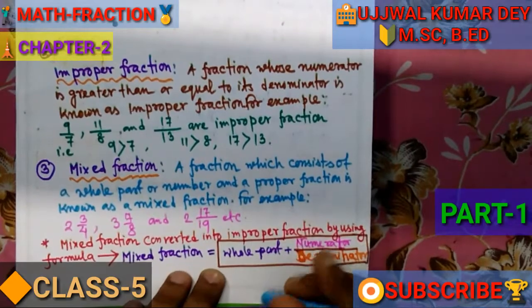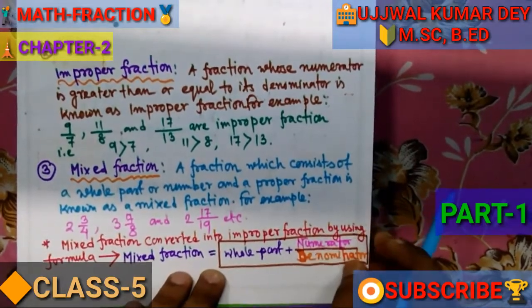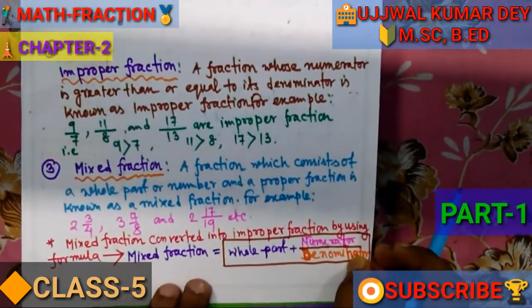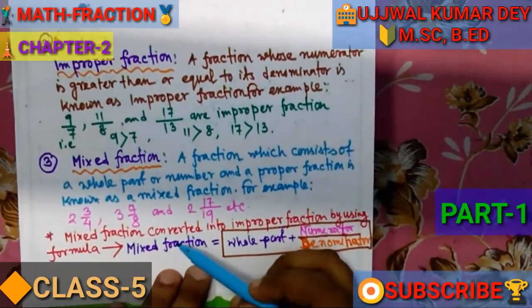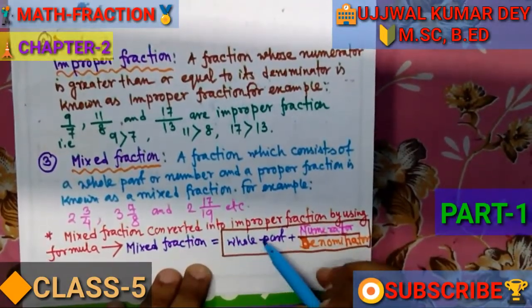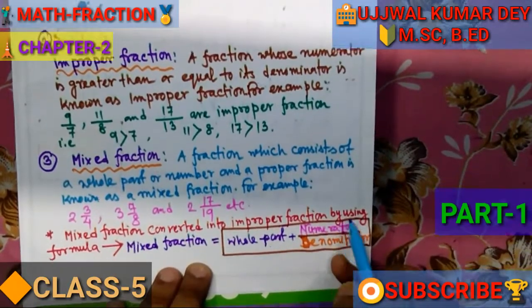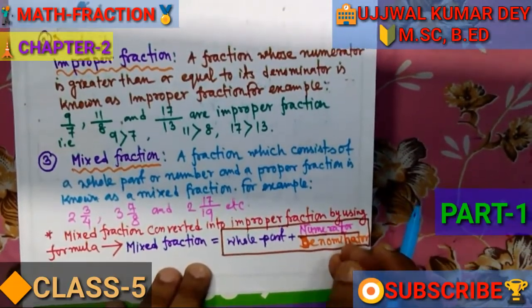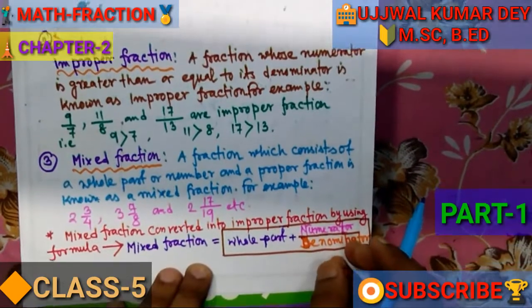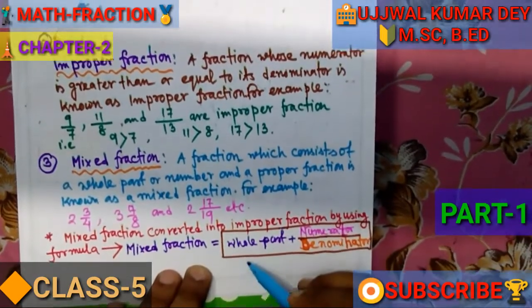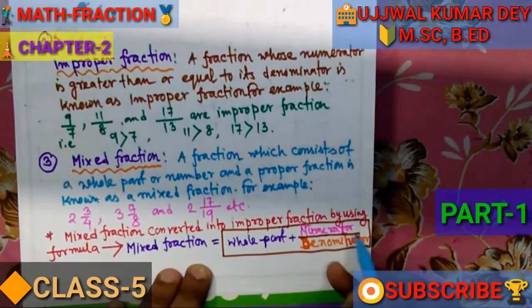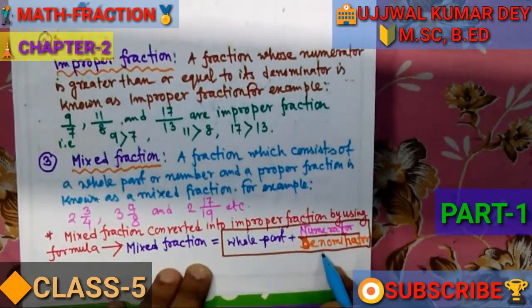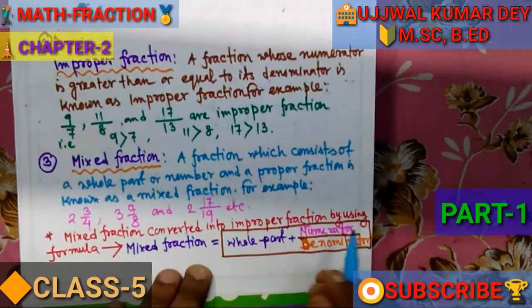Now I mention a very interesting formula over here. A mixed fraction is converted into an improper fraction by using a formula. Okay children, so we can write the mixed fraction as whole part times denominator plus numerator, divided by denominator.